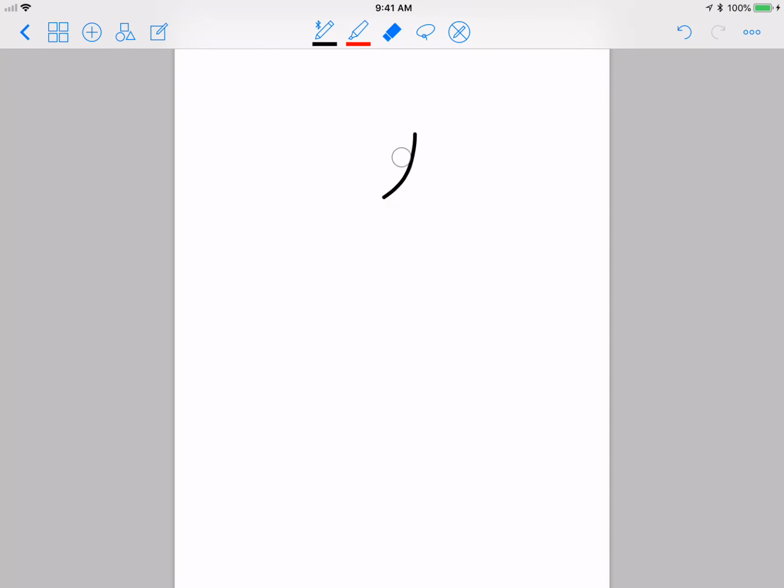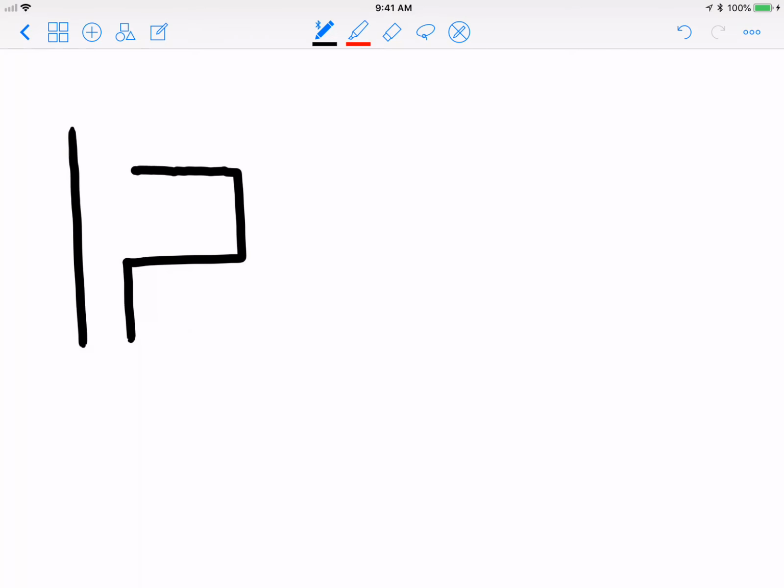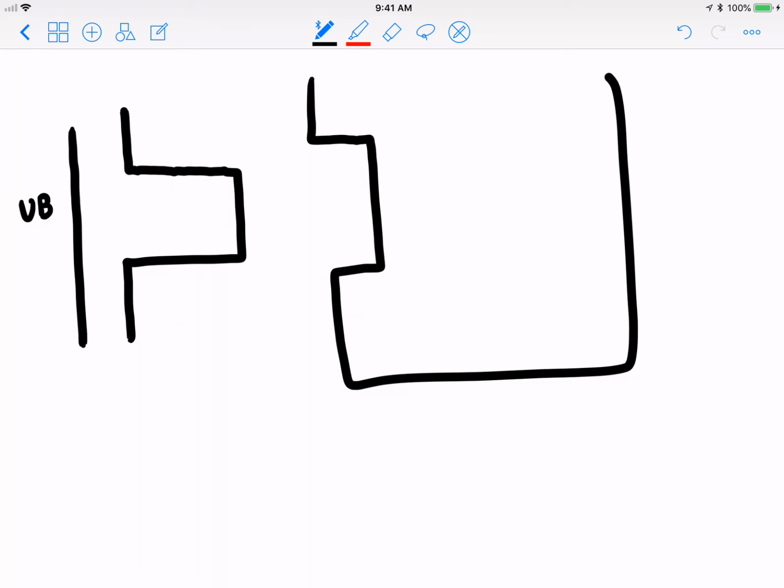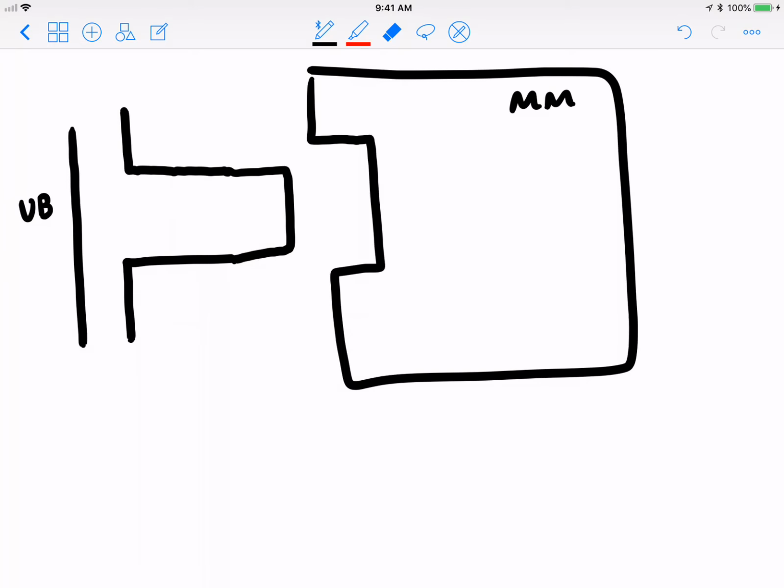We're going to make this into a little schematic here. I'm going to call this the ureteric bud, and this over here the metanephric mesenchyme.